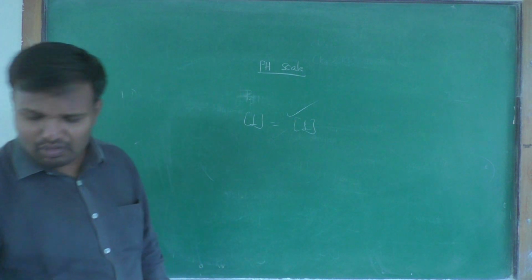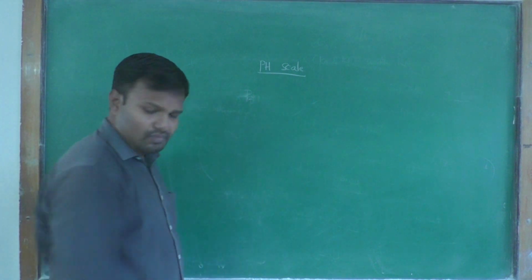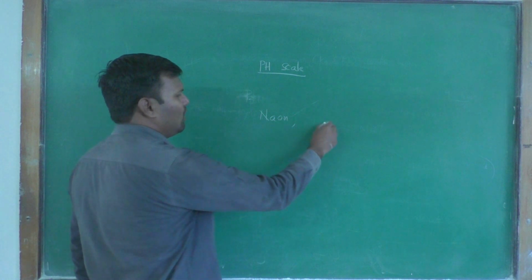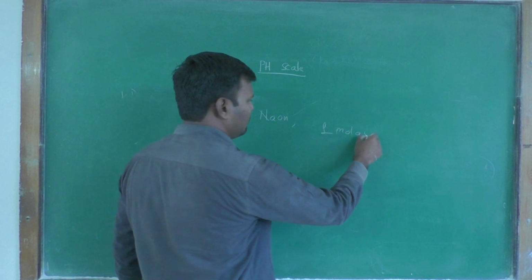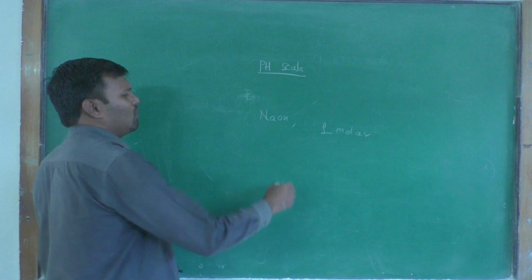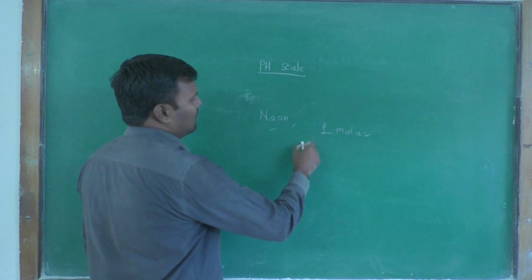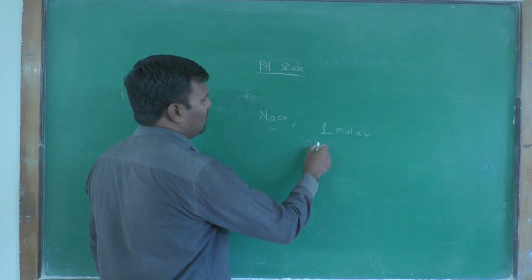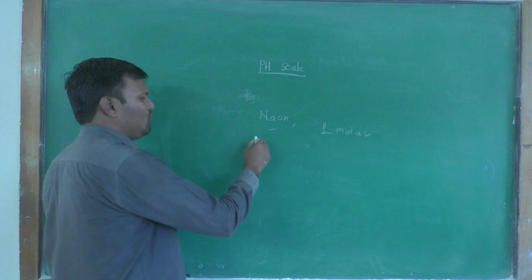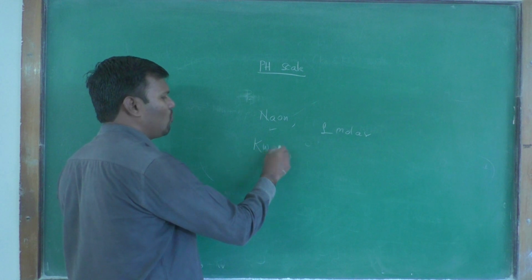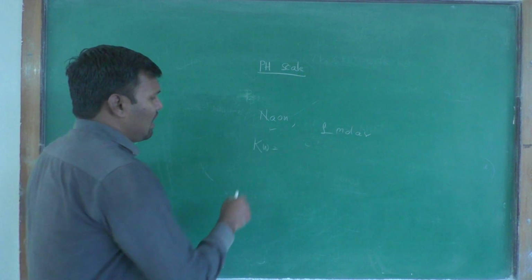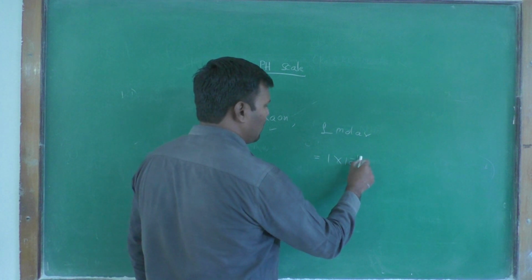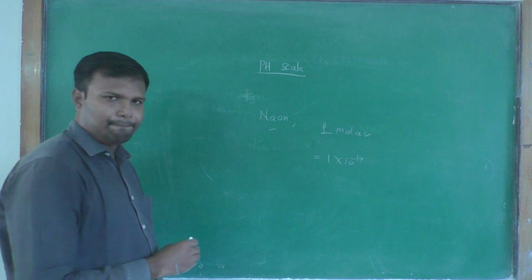Now NaOH is another very strong basic substance, also 1 molar in quantity. The ionic product of water is given by 1 into 10 raised to minus 14.